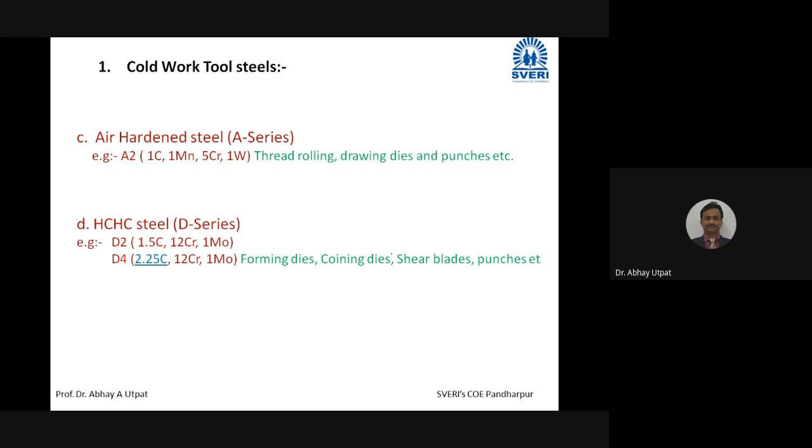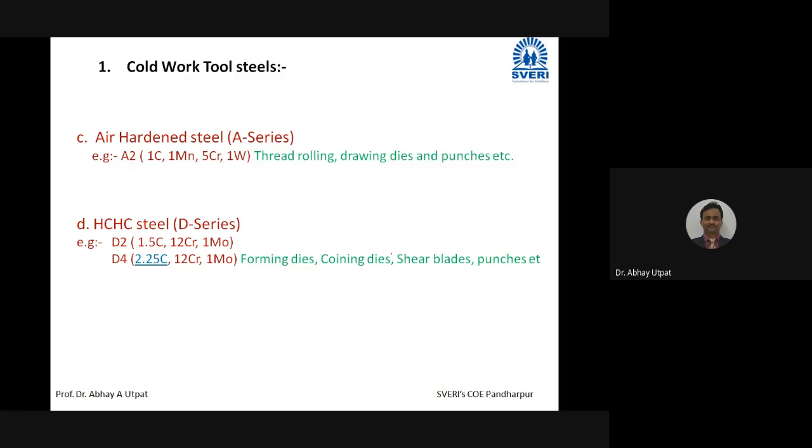Second question: why are water hardened steels not air hardened?